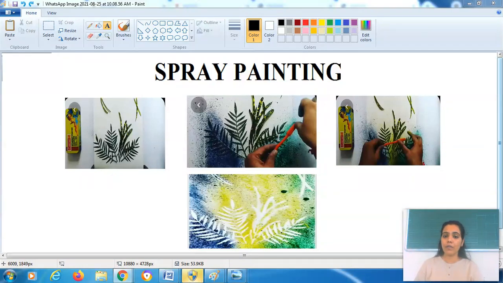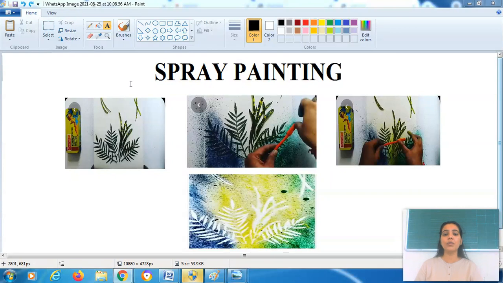ठीक है, आपकी जो drawing file है आपको वो अपने साथ carry करनी है. Along with it, you must have the poster color, paintbrush and the toothbrush. Okay, toothbrush should be old one. You have to ask your mama that mama please give me the toothbrush. So students, again we are continuing with the same way of painting. We are doing the spray painting today, but that we are covering in your drawing file.